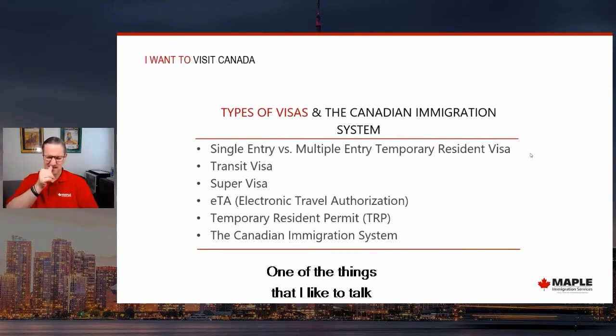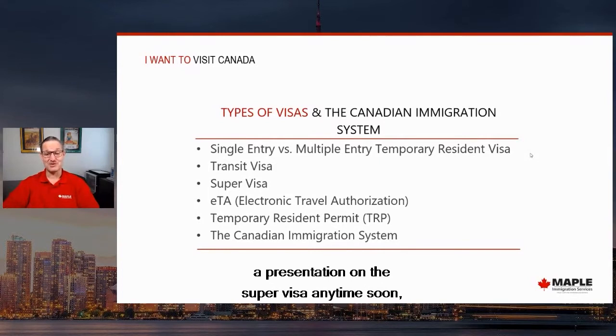One of the things that I like to talk about, because I don't think I'll be doing a presentation on the super visa anytime soon, is that when the super visas actually came into play, they were being done at a time that, in my humble opinion, it was a political decision. Back when Jason Kenney was Minister of Immigration, back in, I think, 2013, it was very smart. It was just before the election. There was a long backlog in parent sponsorships.